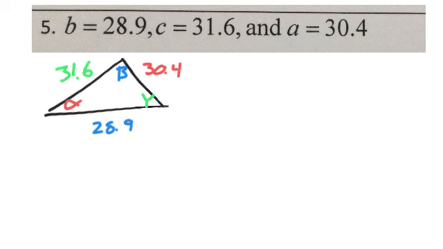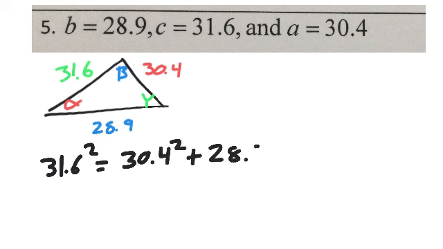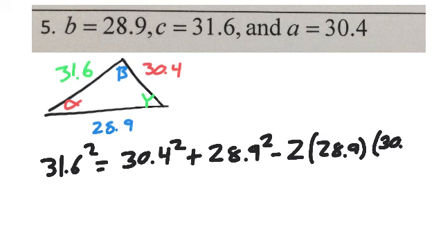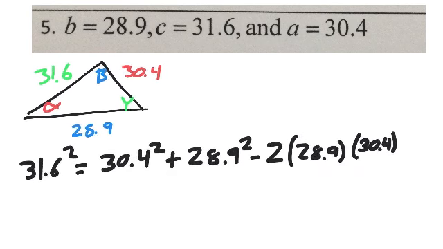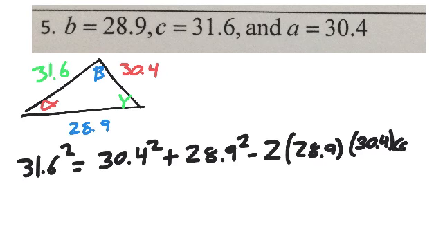So I'm going to set this up as the last form, which is C squared equals A squared plus B squared minus 2 times B times A. I did that out of order. That's okay. Times cosine of gamma.